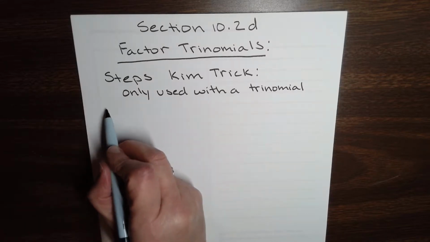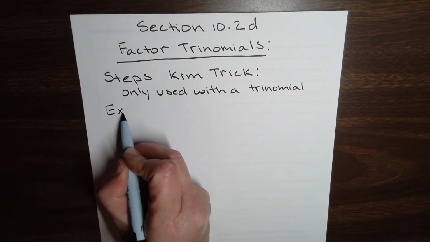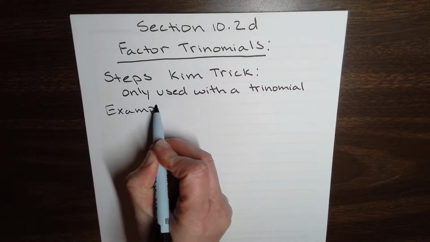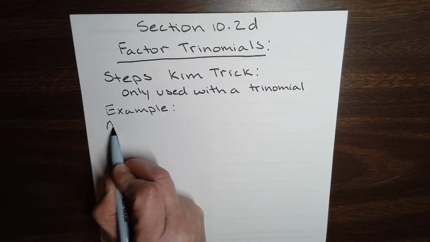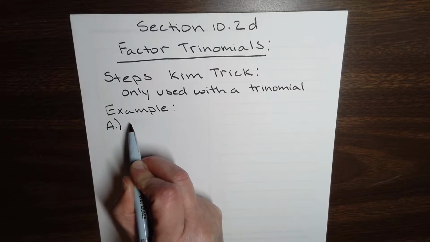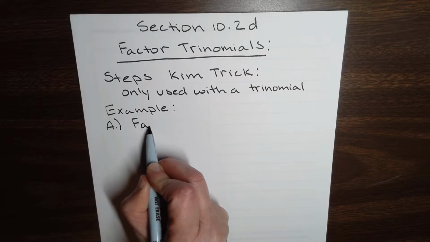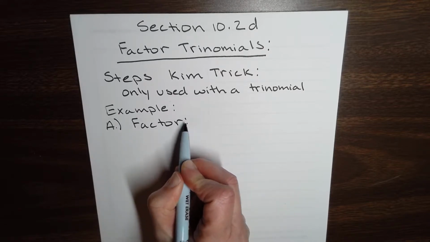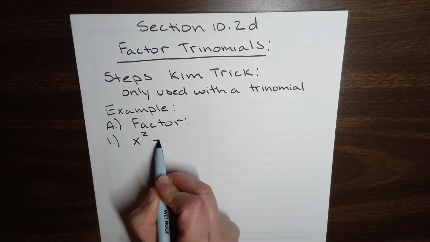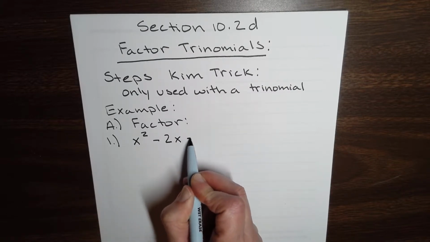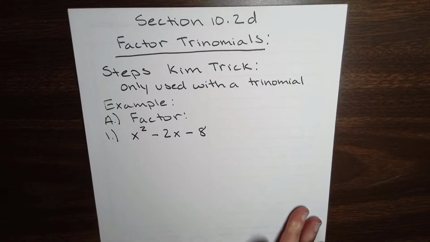So I'm going to start with an example and go through the steps on how to use the Kim trick. They will ask us to factor. We have an example, x squared minus 2x minus 8 is our first example.